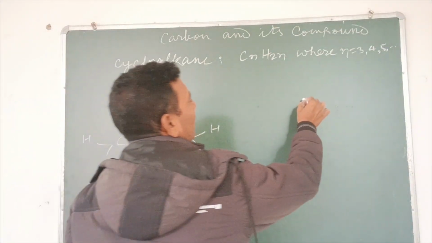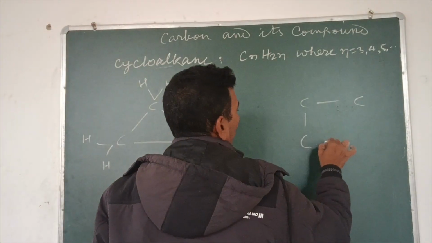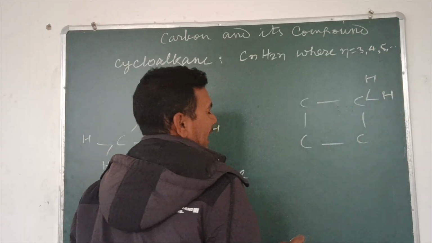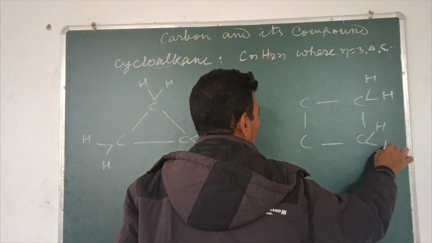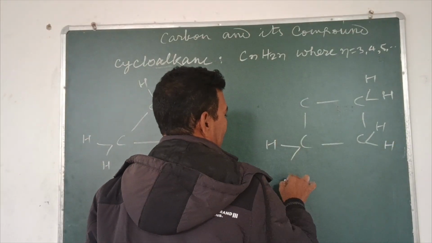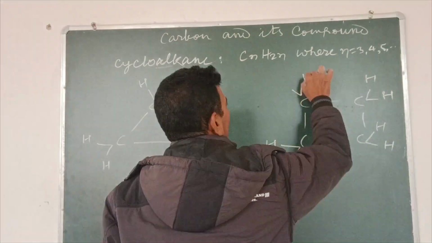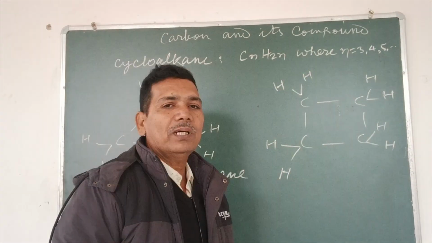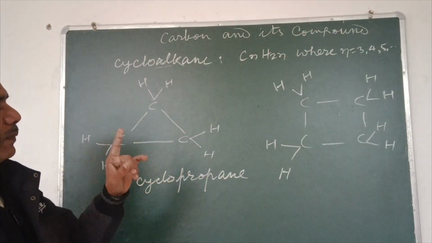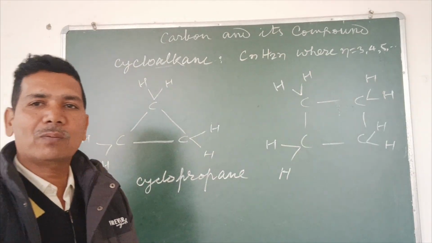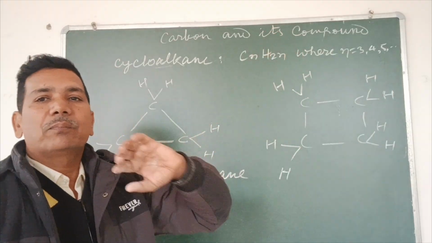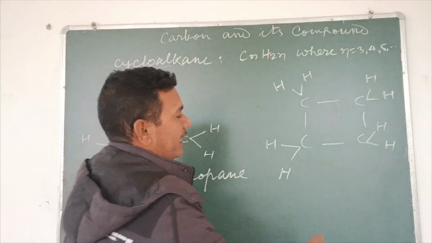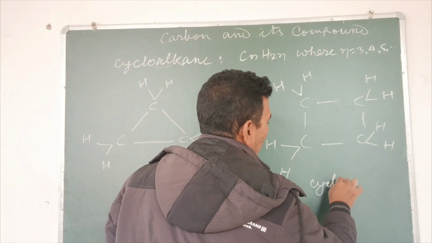If we put 4 carbons, and to complete the tetravalency of carbon, we will place 2 hydrogen atoms at each carbon, and in this manner, the number of hydrogen atoms is twice the number of carbon atoms. Here we see that there are 4 carbon atoms, so the number of hydrogen atoms must be 8, and this has been given here, and this will be read as cyclobutane.